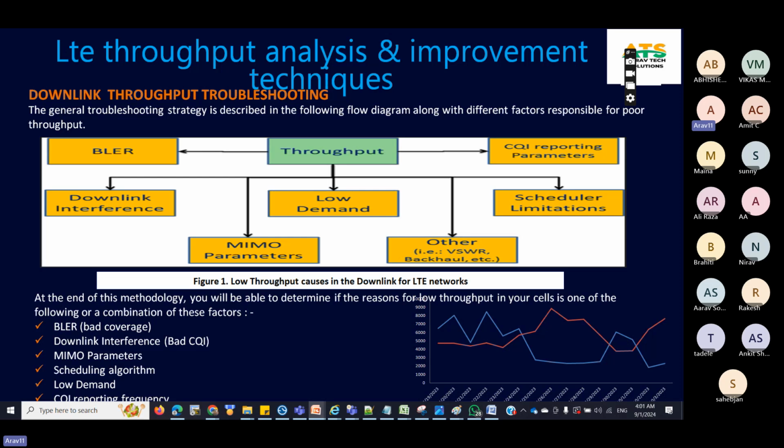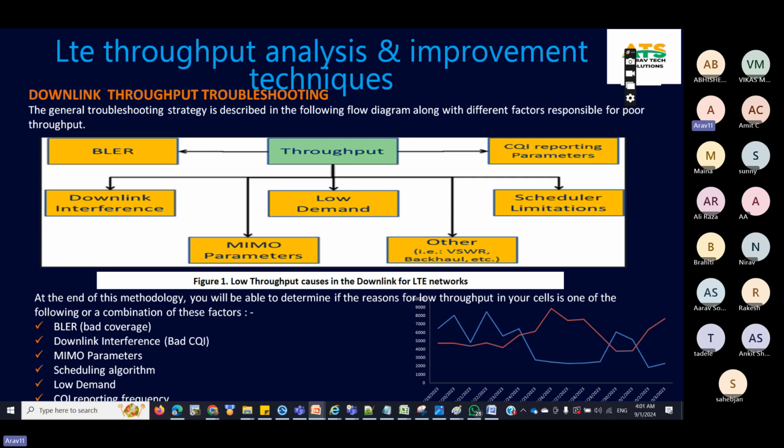So guys, if it is asked in the interview what should be the reasons for downlink throughput troubleshooting, we are going to teach you.